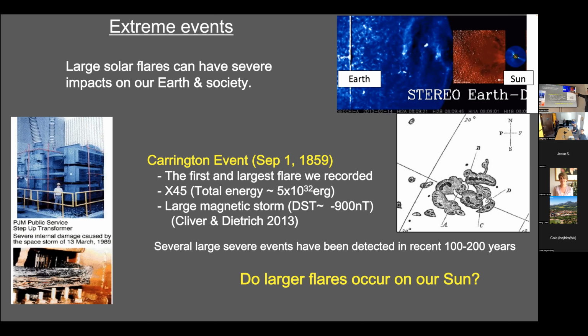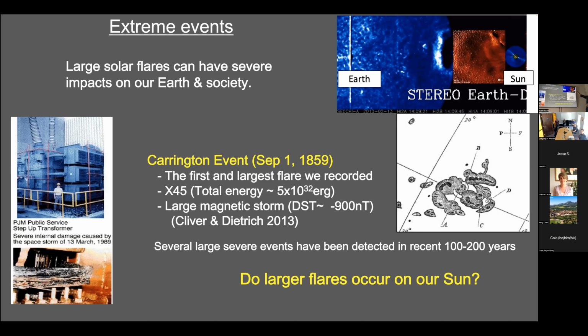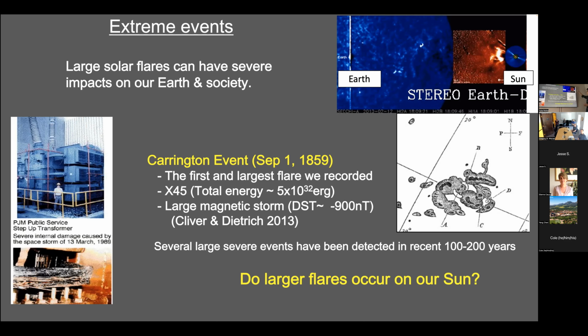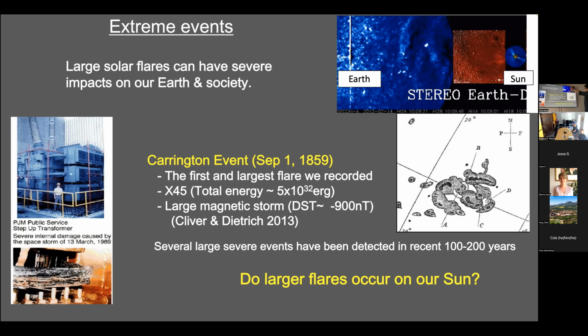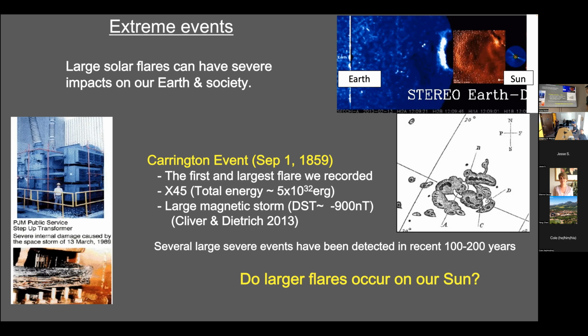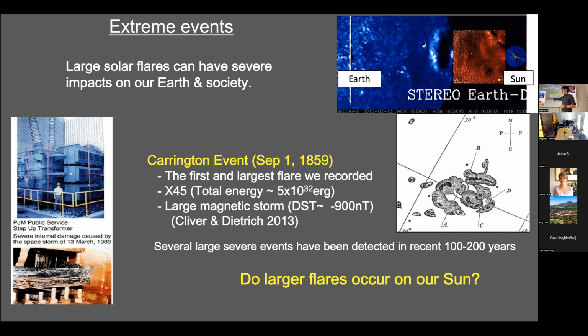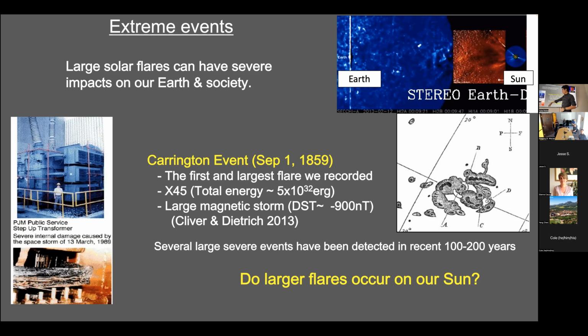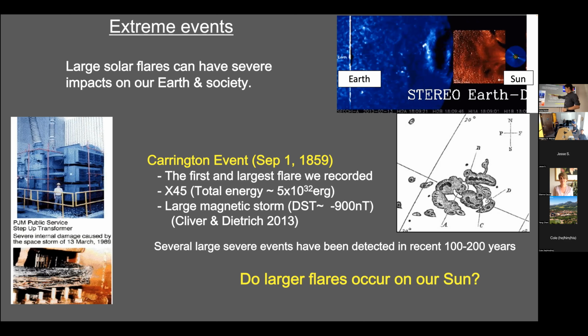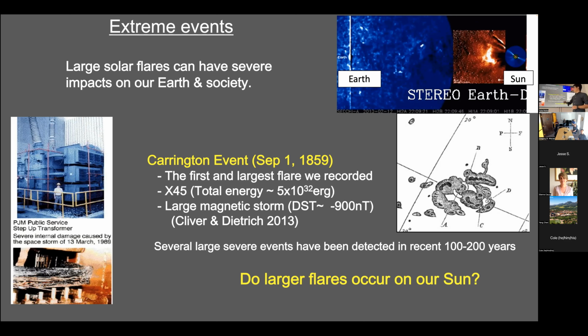This is a STEREO spacecraft image, imaging both the Sun and Earth. One of the biggest solar flares recently caused severe damage, for example, in the power transfer system, the electric system, like this.